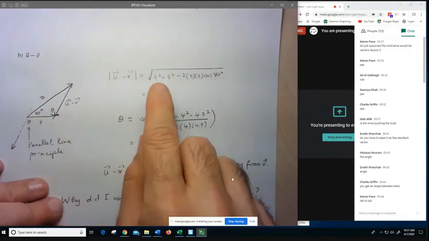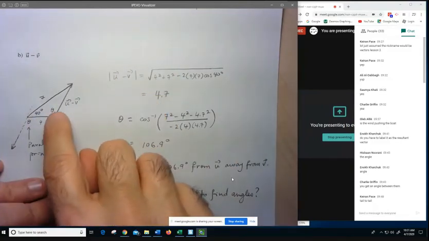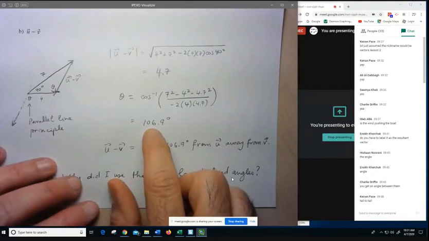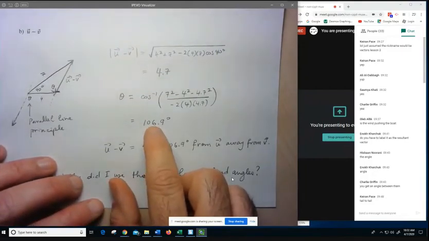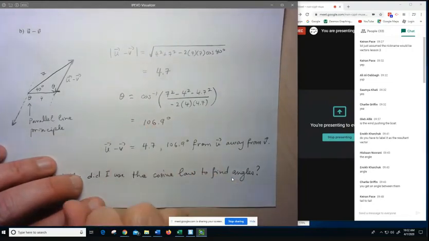So I can again use the cosine law. Okay, I found this angle here to be 106.9. So notice here, if I had used sine law, I would not have gotten the right answer. But because I'm using the cosine law, it automatically gives me the right answer.